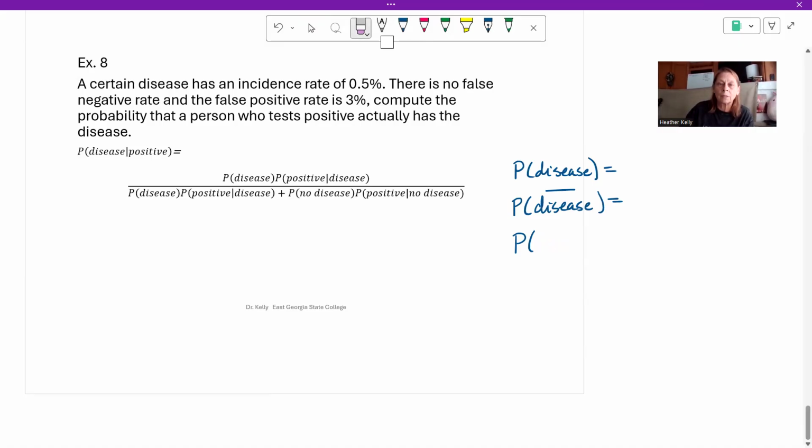Positive given disease. So positive test given we have the disease. And then we also have the probability of positive given no disease.